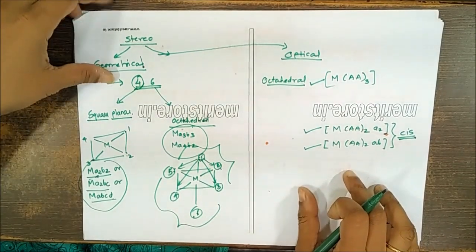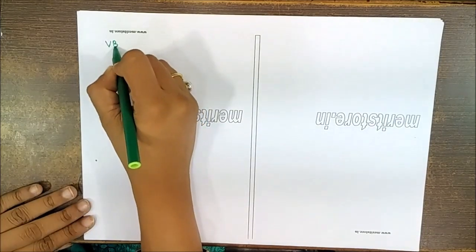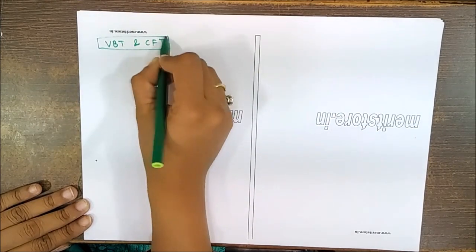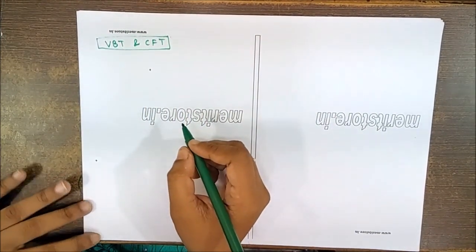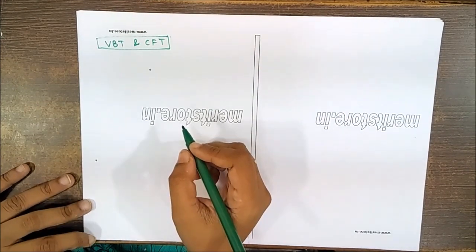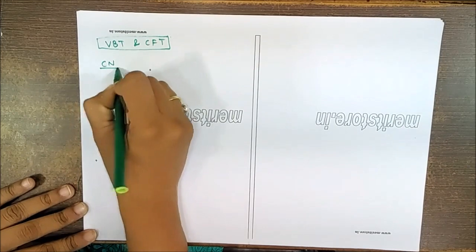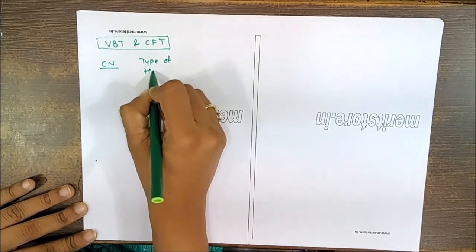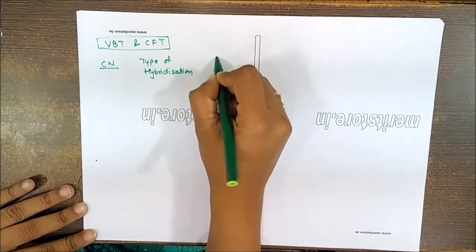While solving MCQs related to VBT as well as CFT, one common fundamental we are going to use. Here we have to decide the type of hybridization. I'm just writing the coordination number here; the type of hybridization is to be decided on the type of ligand.